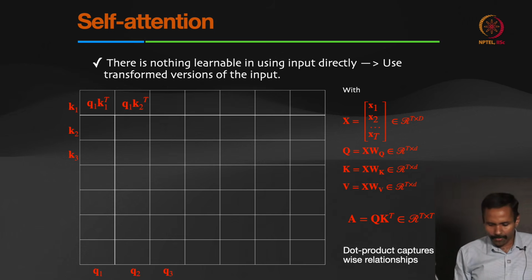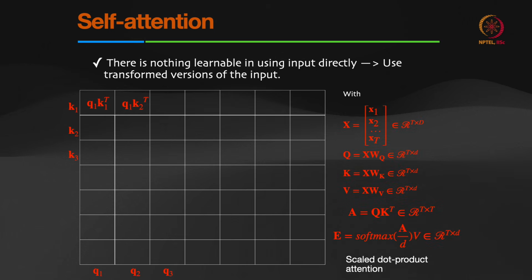Now you can ask, what do we do with this? So what I am going to do is take all these and apply a normalization. In this case a softmax of A by D, where D is the dimension, a scalar, so you divide by the dimension to have some stability for the softmax that you apply, so that if you have more dimensions you divide by a larger scalar value.